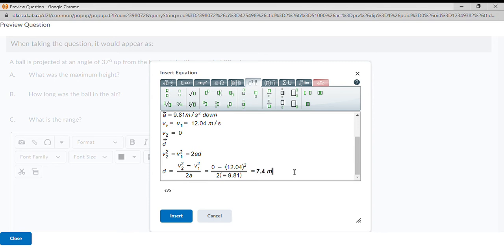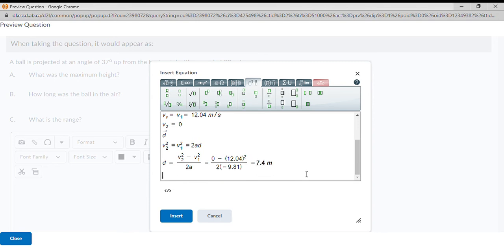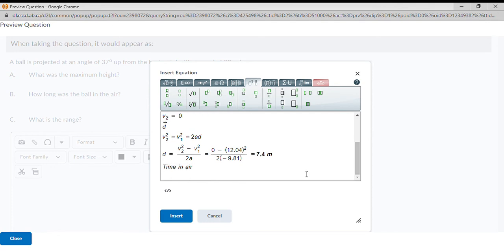And then when we are looking for time in air, I bolded it with Control B, but you can even go further than that. Time in air.